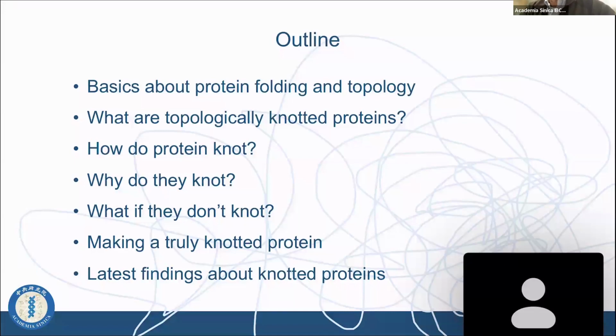To outline today, I will give you in basics the ABCs of protein folding and topology, and define topologically knotted proteins in the context of structural biology. And I will give you an overview of how we study protein folding and how they knot. And in the second half of my talk, I will give you some flavor of the biological significance and the protein engineering side of protein knots.